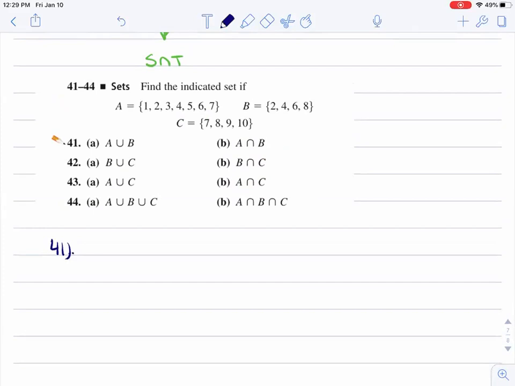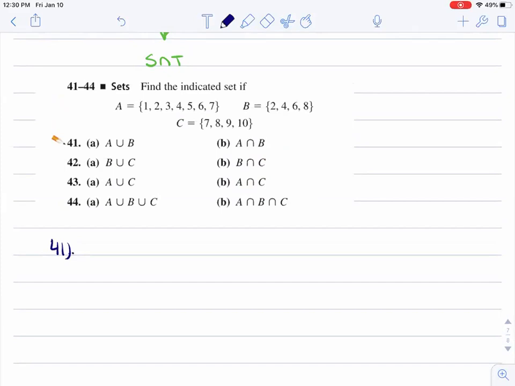These are nice manageable sets. Now we can look at what A union B would be, remembering the union is just A or B. If there's some overlap, you only write it once, but everything from both sets is included.